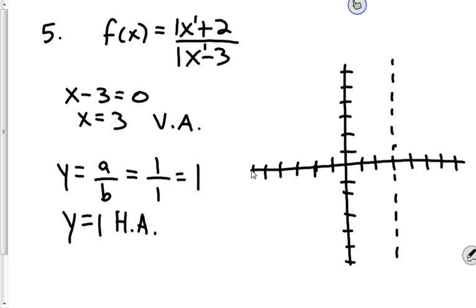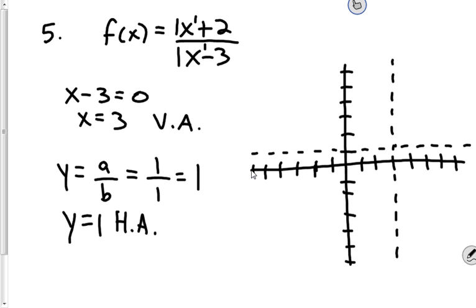My horizontal asymptote at y equals 1. And now I can draw in the graph. Now, the way that we draw in the graph is we have to actually pick some x values and plot some points here.